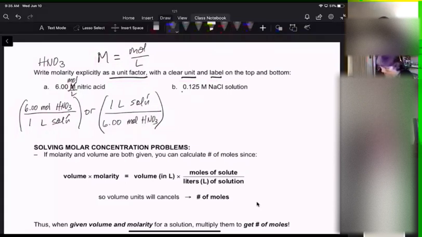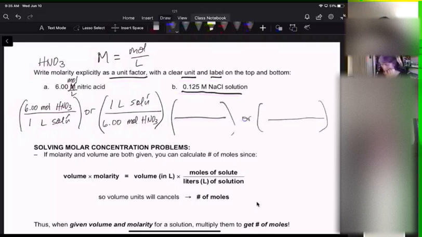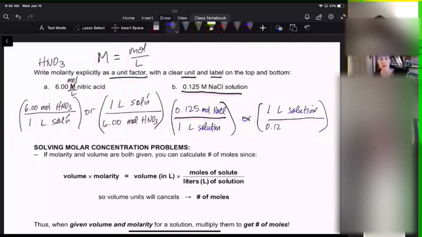So let's do the same thing for this one. Okay, so we can write those molarities either way we need them.